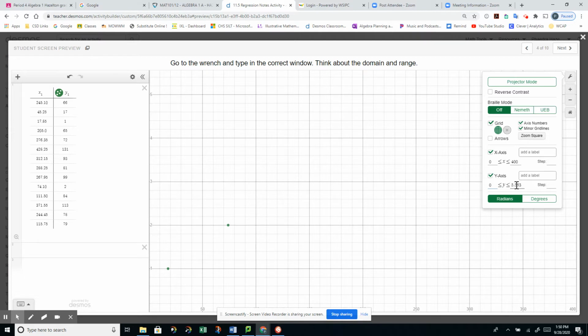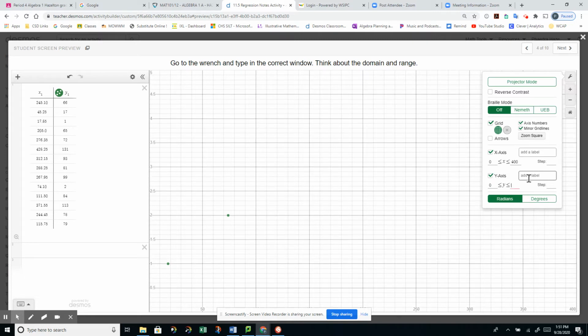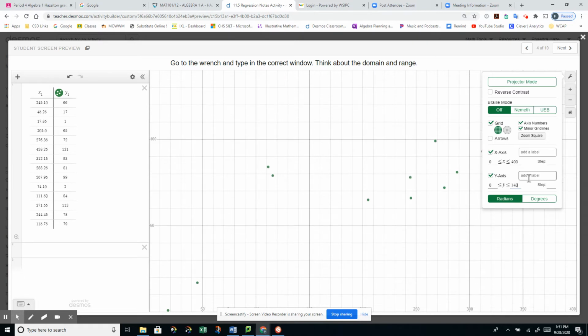I don't know what's going on with my computer. Oh, there we go. So I want this to be 140.